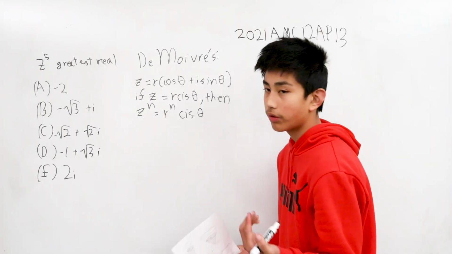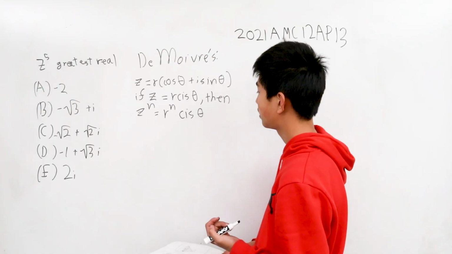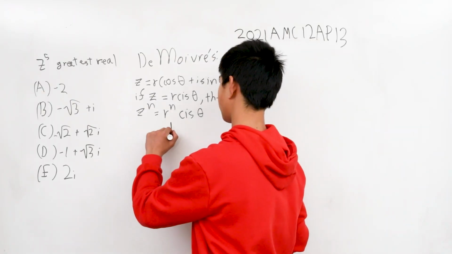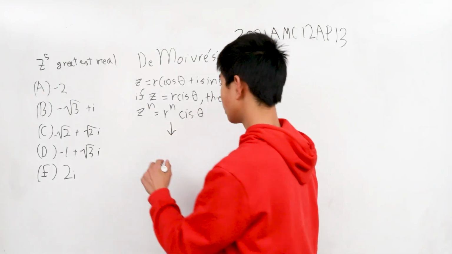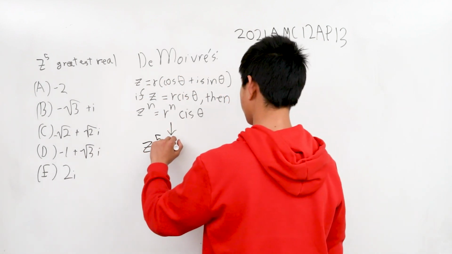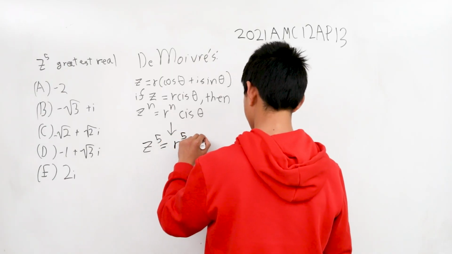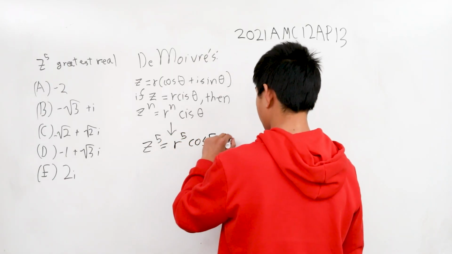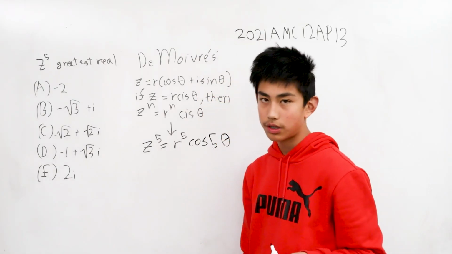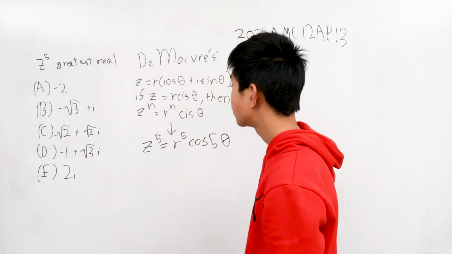Now, we note that z to the power of n is equal to r to the power of n times cis n theta. So for this specific scenario, z to the power of 5 is r to the power of 5 times cosine 5 theta, because we want to work with angles and you want to know your basic trigonometric cosine angle measures.